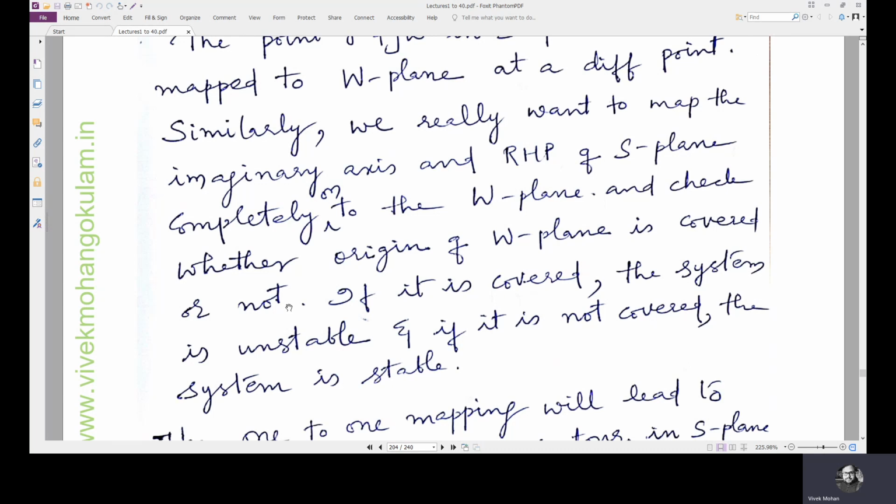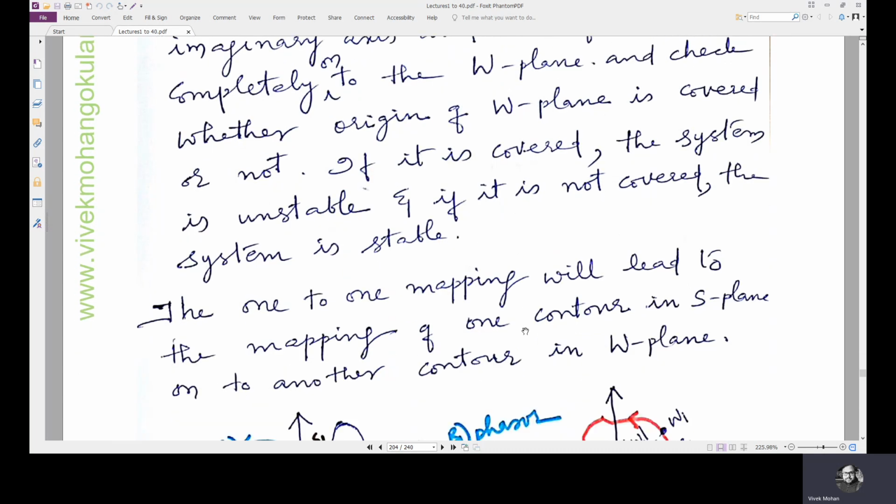So here we first take the whole RHP plus imaginary axis. If any S value satisfies the condition 1 plus gh equals 0 in the W plane, because the 1 plus gh plane is the W plane, so if there is an encirclement of the origin, then we say that the system is unstable. This is what we are going to use in the Nyquist criterion.